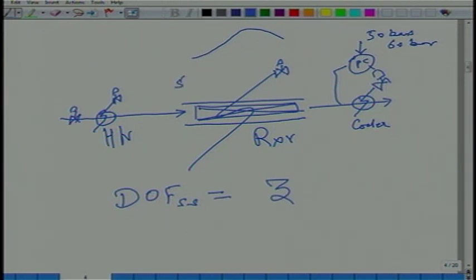So maybe this was at 51 bar, and then pressure drop across the reactor was 1 bar, but then when I have increased this to 60, this may be, I don't know, maybe 62 bars or 61 bars, something like that. Yeah. So the moment I change this pressure set point, the pressure inside the reactor also changes.